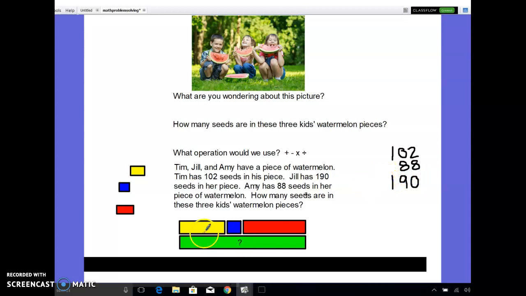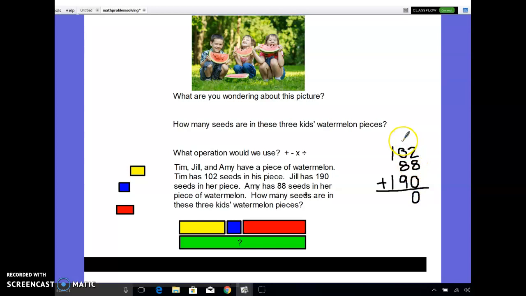Alright, so if we use our strip diagram, we are going to have to put all these 3 together to add them to equal that total amount of seeds in their watermelon pieces. So we are going to add. If I look at my ones place, I have 8 ones and 2 ones. 8 ones and 2 ones gives me 1 ten, so I can't put a 10 here, I can only put ones. So I'm going to put a 0 here.